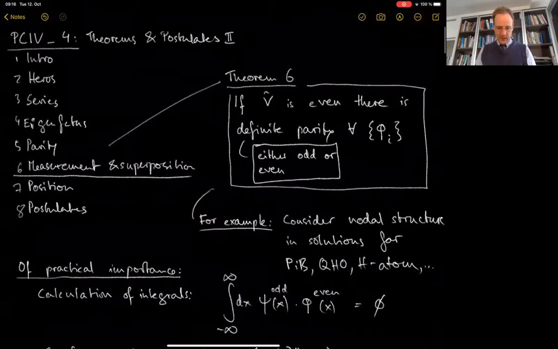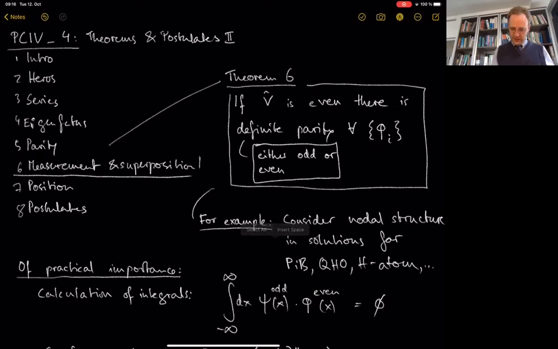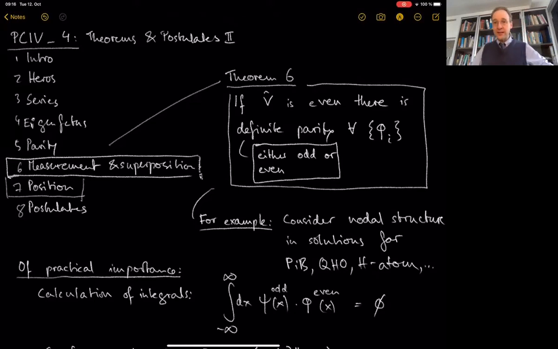Okay, so we did this chapter yesterday, and today I'd like to discuss the position and afterwards the postulates of quantum mechanics.